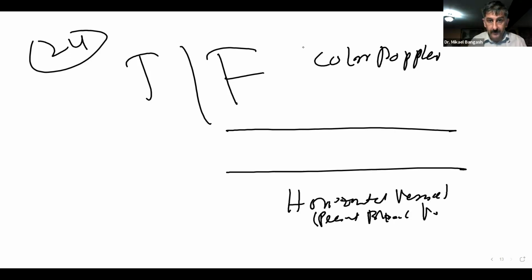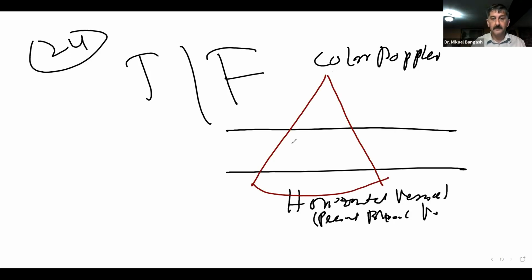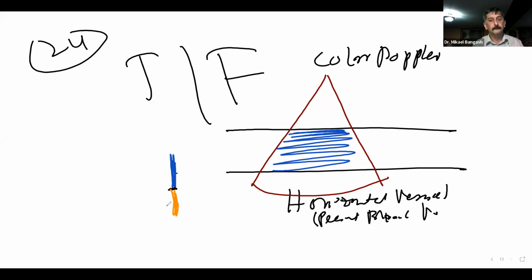Now, if the shape of your image evaluating this blood vessel here, for instance, was sector-shaped, is this blood vessel here only going to have one color? No. That would be false.